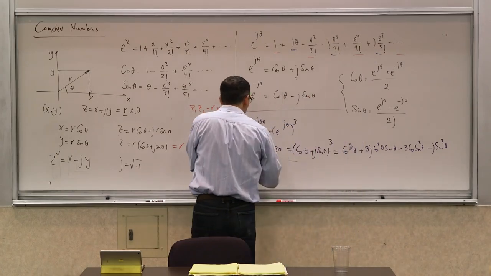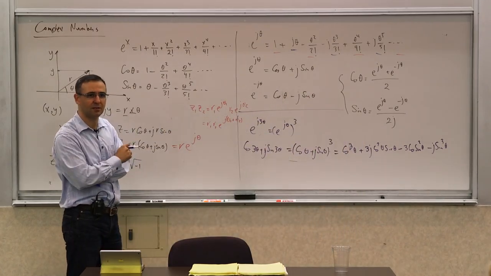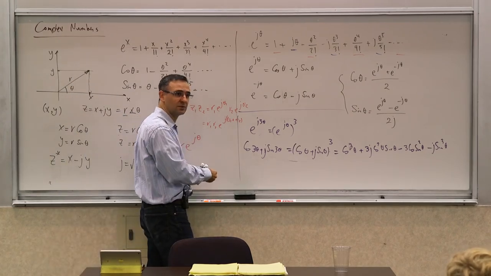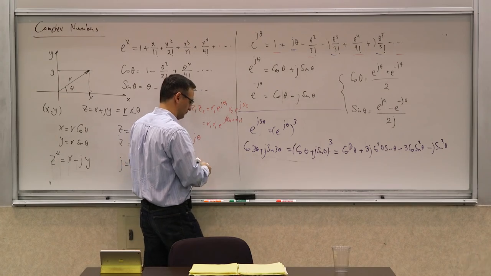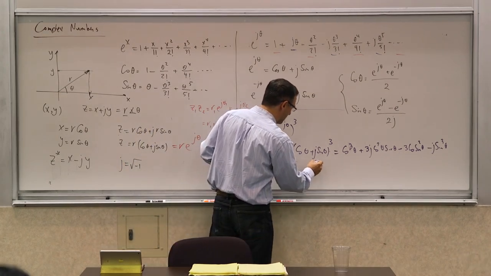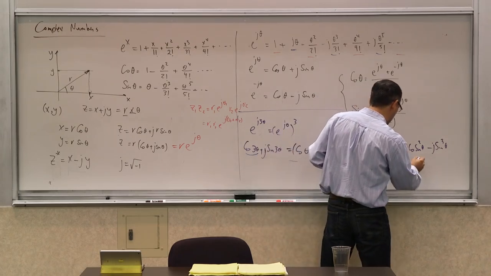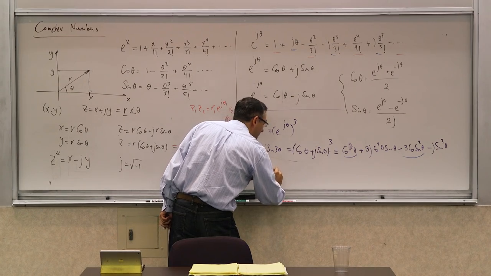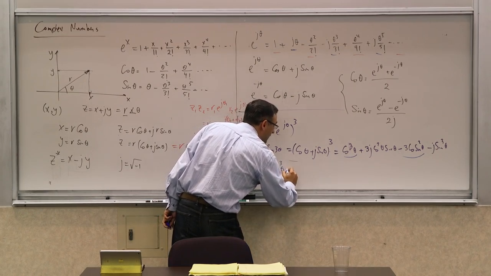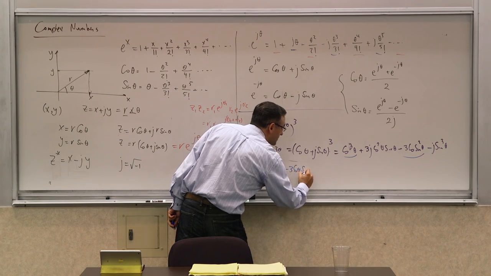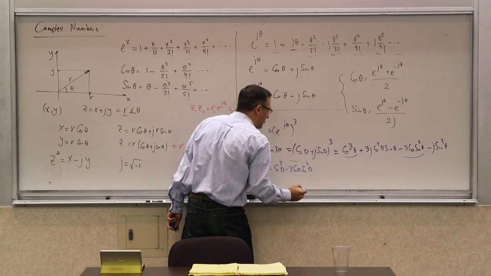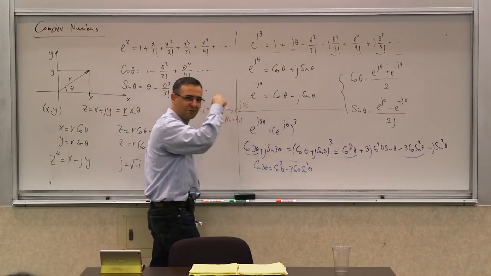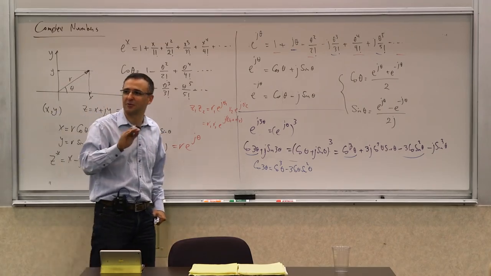So can I find cosine of 3 theta from this? Yeah. The real parts of the left-hand side and right-hand side have to be equal. So this part has to be equal to all the real terms, this term and that term. So that tells me cosine of 3 theta is cosine cube of theta minus 3 cosine of theta sine squared of theta. The part that I always struggle with is which one was square, which one was not, if I want to remember it.